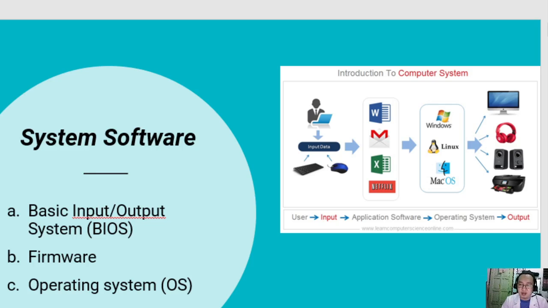Sometimes it can get confusing whether programs are system software or utility programs. As we have said, utility programs enhance and optimize the system itself.